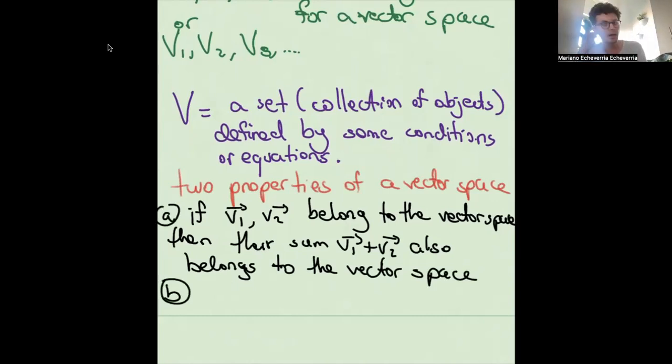Basically what this is saying is that the sums of vectors continue to satisfy the main equations that define the vector space.